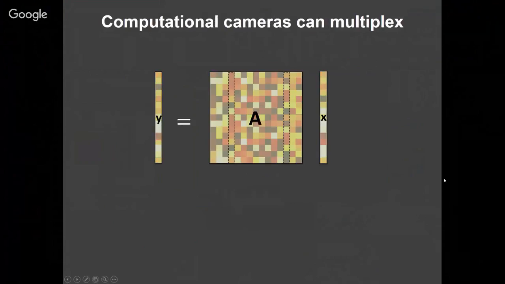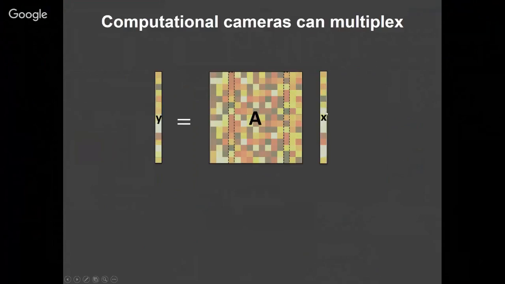Whereas a computational camera is more like a linear combination of different things at every measurement. So every pixel in Y now measures a linear combination of information about different pixels in that scene that I would like to image, which is X, right? And as long as A is invertible, I can invert this, I can solve this inverse problem to figure out what X was, right?